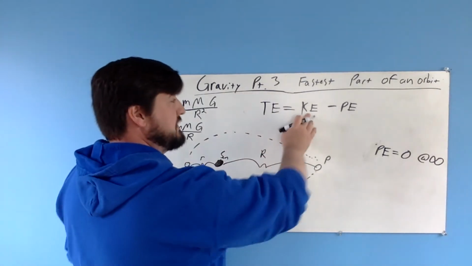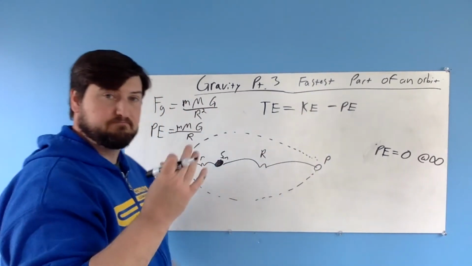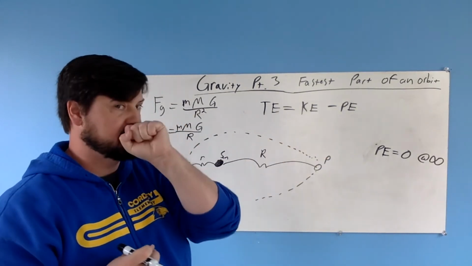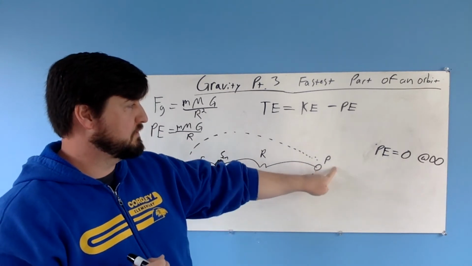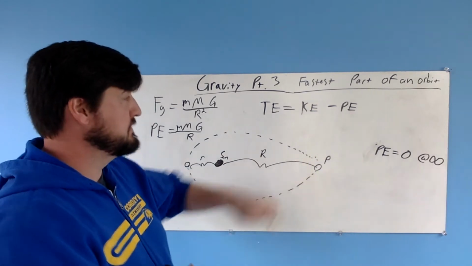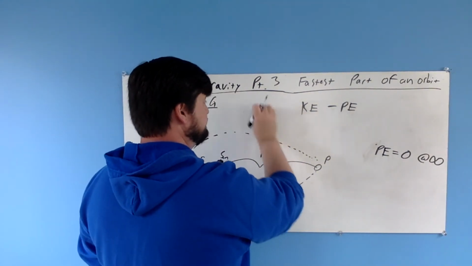So here's the thing. Your potential energy out here has got to be a much smaller value, right? You get closer and closer to 0 out here, but it becomes more positive as you go out this way, right?